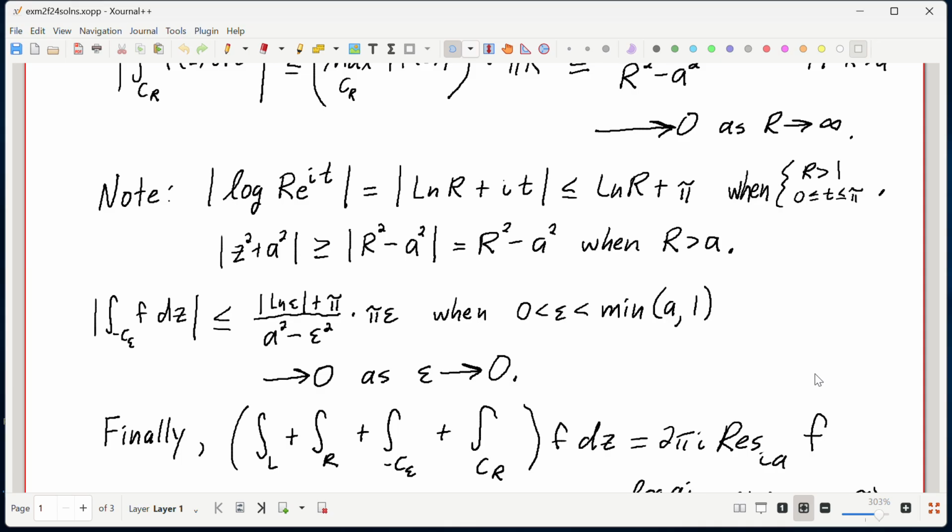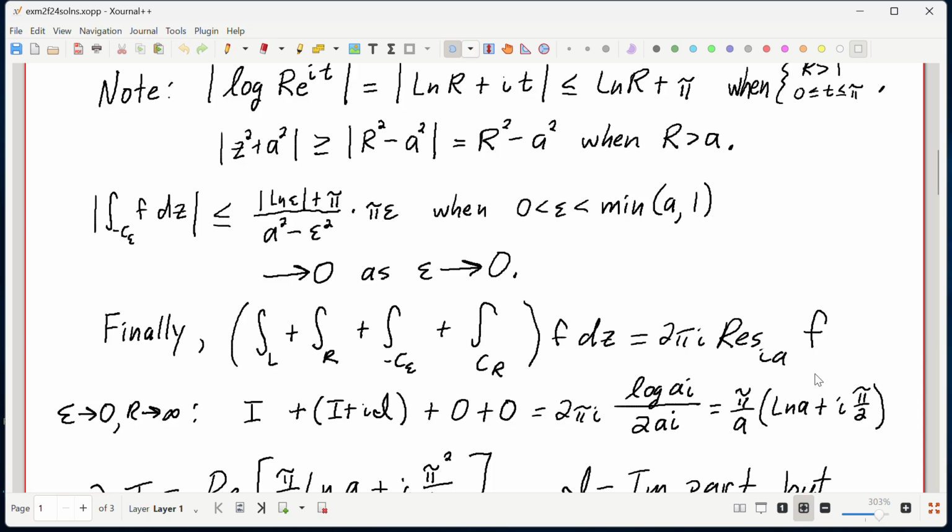The other thing to be careful about is that the denominator estimate would give you a squared minus epsilon squared, because epsilon squared minus a squared would be negative. That would be valid when epsilon is small, in particular small enough to be less than a and less than 1. The same kind of L'Hopital's rule argument shows that goes to 0. Epsilon log epsilon goes to 0 from freshman calculus.